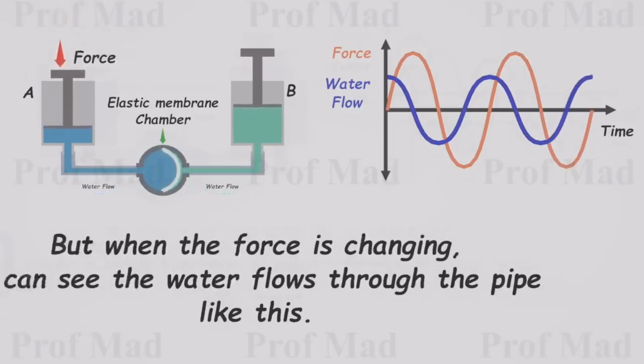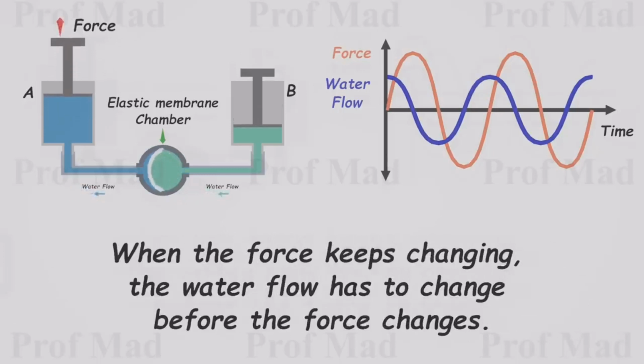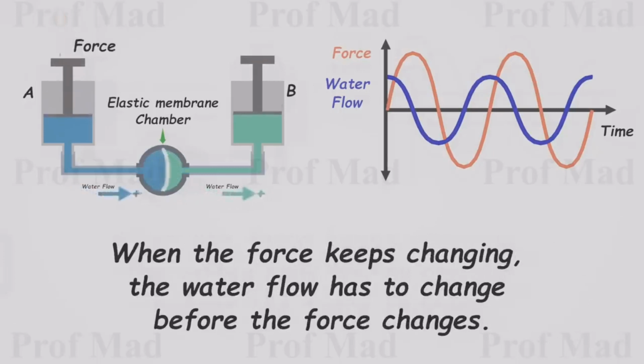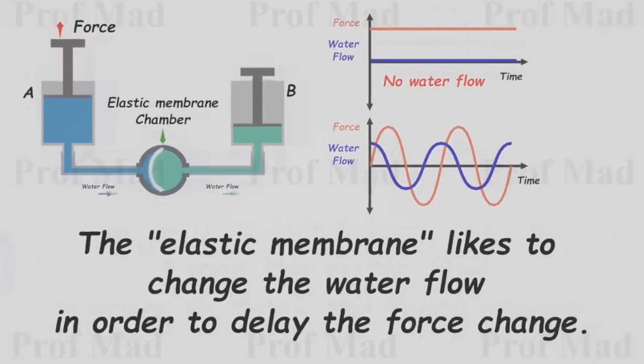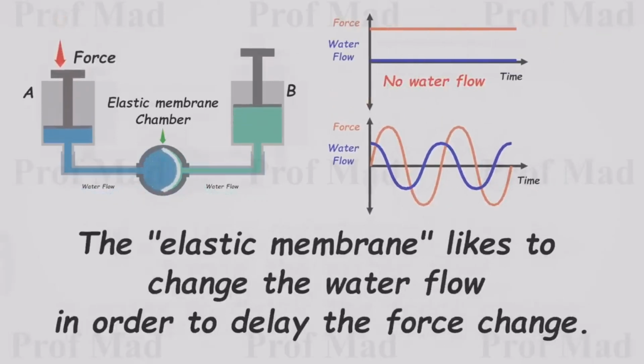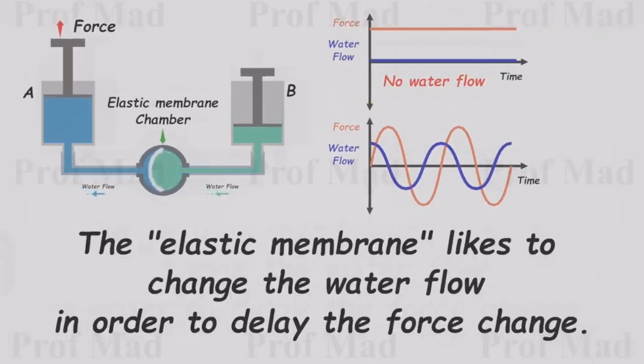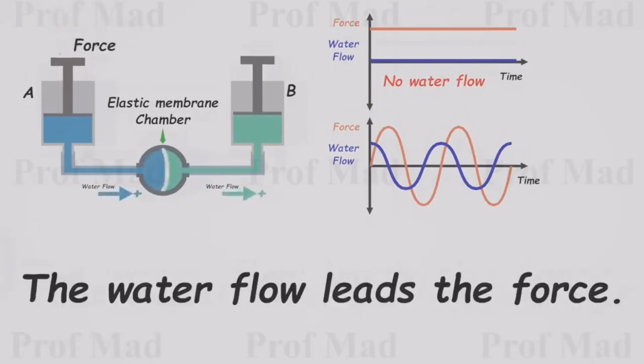It appears that the water flow must change before the force changes. In general terms, we can say that the elastic membrane tends to influence water flow changes to delay force changes. In this example, the water flow is leading the voltage.